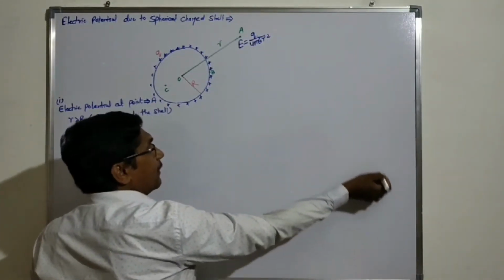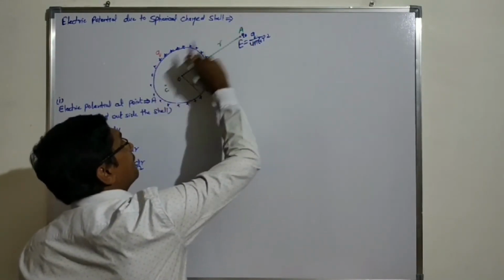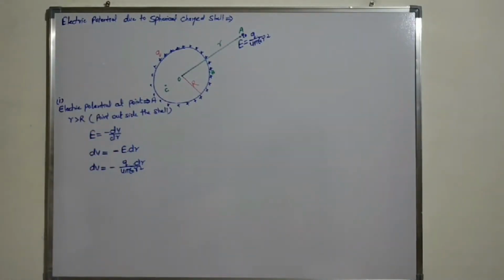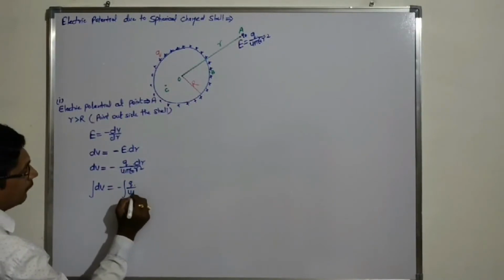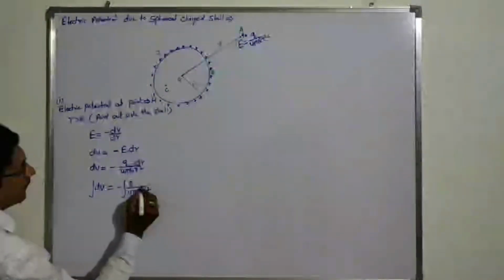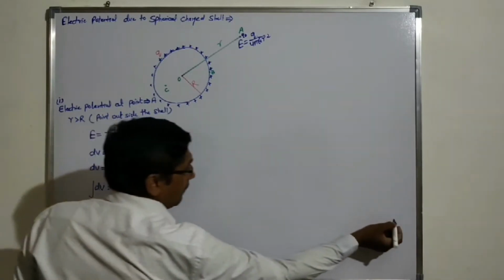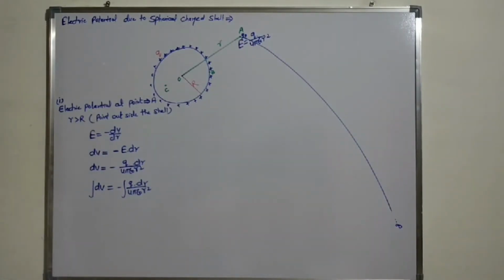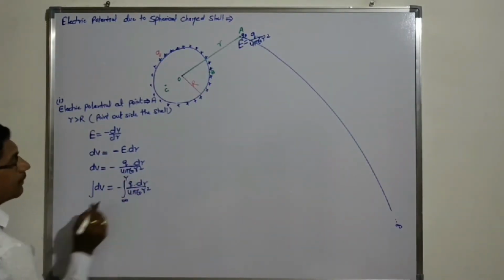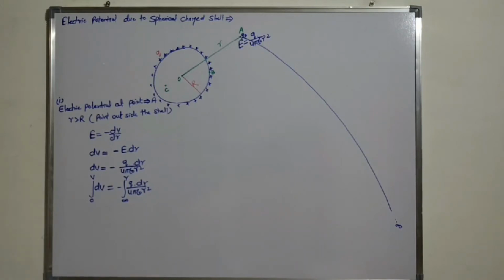Suppose we bring a test charge from infinity to point A, where the distance between O and A is R. So we have to take the integration of dV equals minus Q upon 4 pi epsilon naught R square dr, with limits from infinity to R. At infinity the potential is 0 and at distance R the potential is V.